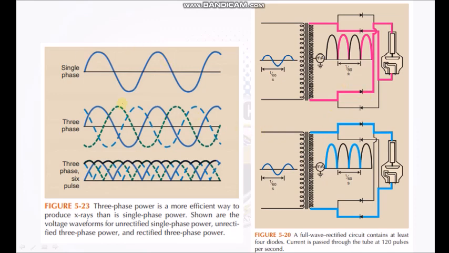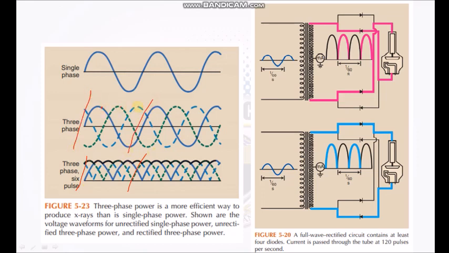Okay, so you have the single phase, which is one sine wave, three phase, that means there are three phases, and then three phase six pulse, that means three phases, but there are six pulses per second. For example, per second, 1, 2, 3, 4, 5, 6. So if this is the same measurement above, this one only has 1, 2, 3.